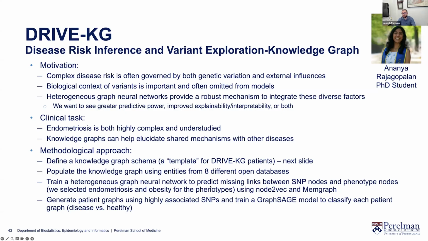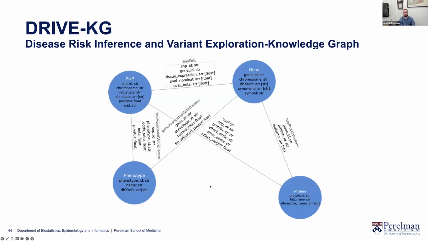And then we generated individual patient graphs using highly associated SNPs that we identified using that graph neural network, and trained a different type of machine learning model to classify each patient graph based on whether they were either sick or healthy in terms of, in this case, endometriosis or obesity.